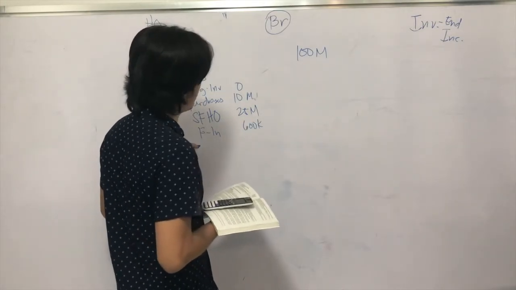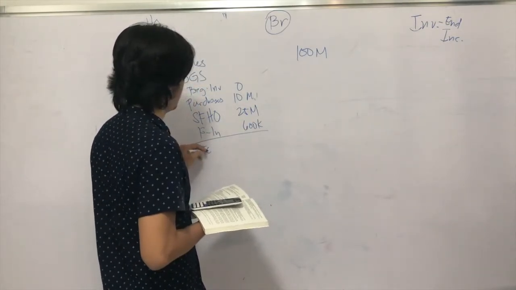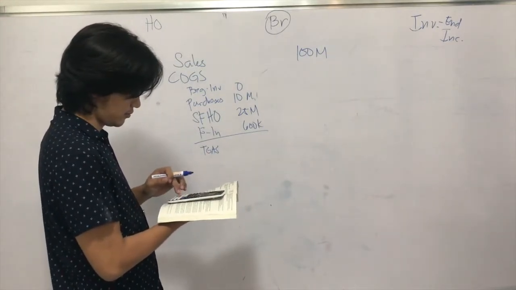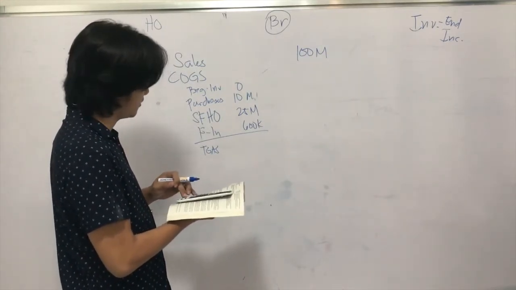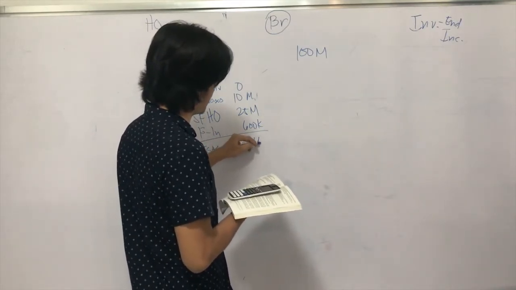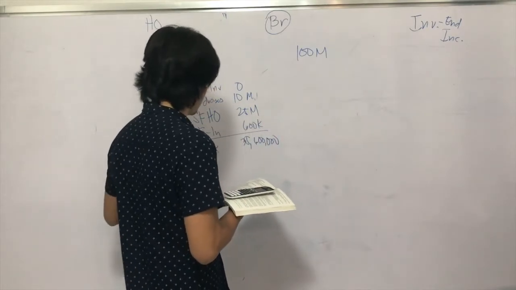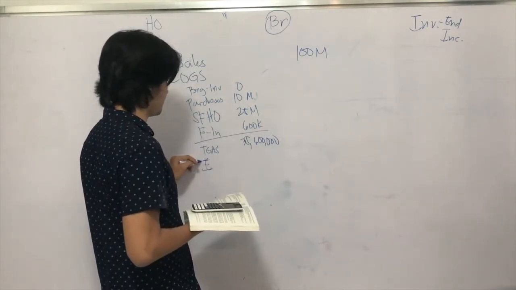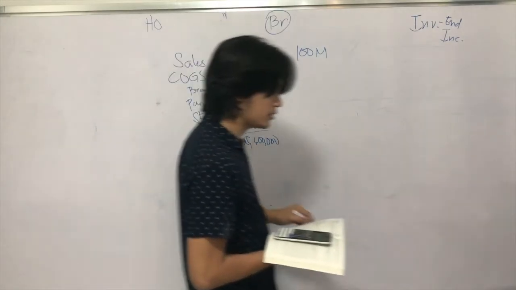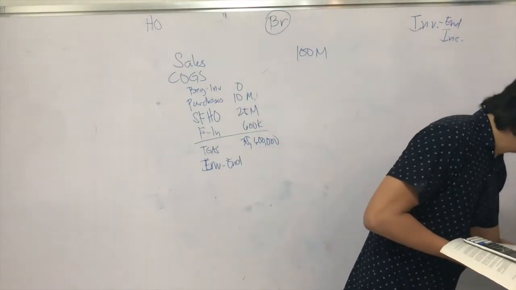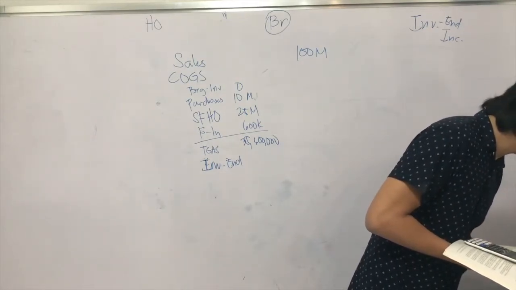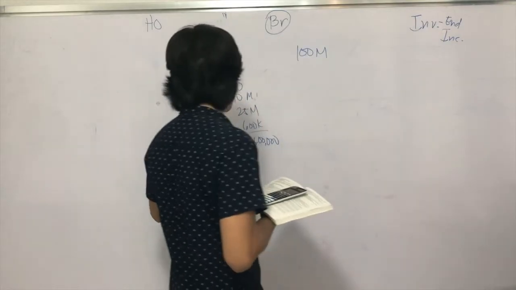So total goods available for sale will be 35,600,000 less inventory end, which is 7,675,000.